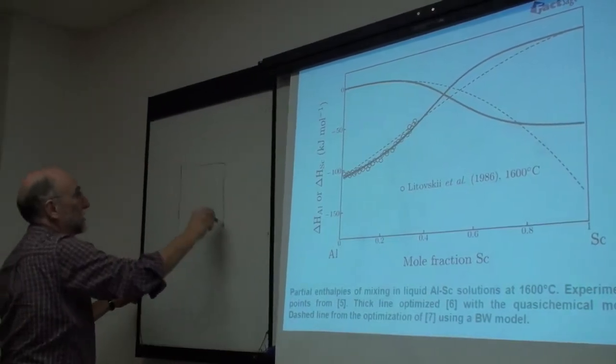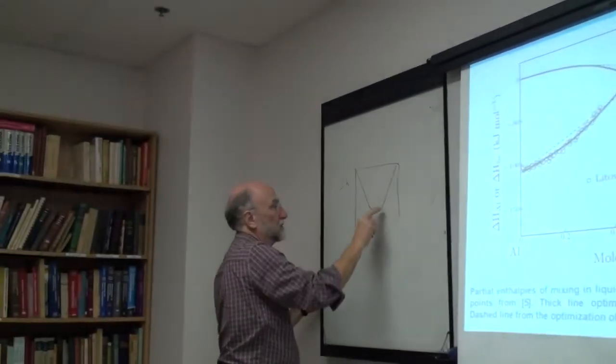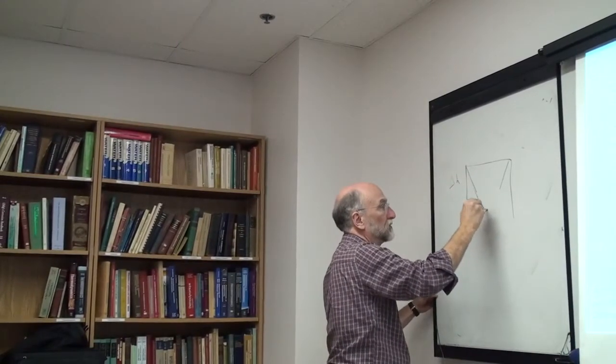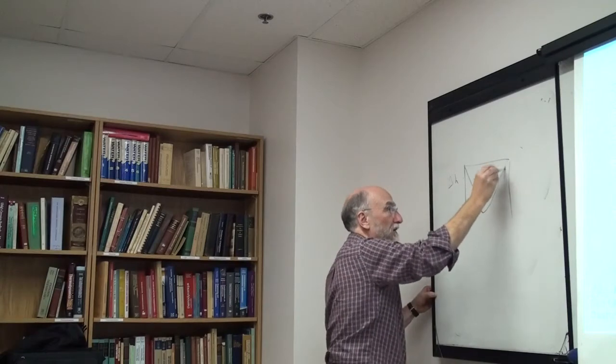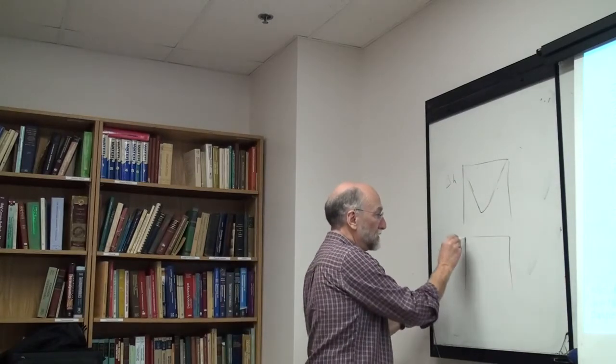Let's say you have a heat of mixing, and let's say the heat of mixing is this sharp minimum, where it's more or less linear over here, goes quickly, and then it's more or less linear, like the aluminum calcium and so on. Okay, and we compare that to a heat of mixing which is parabolic.